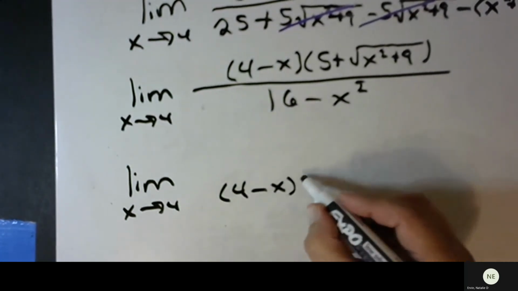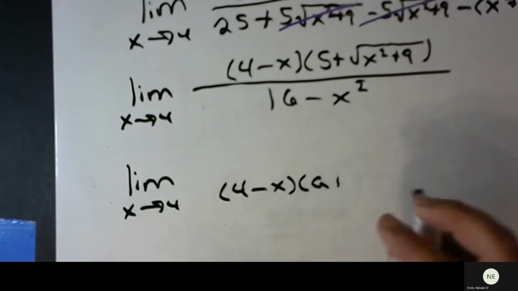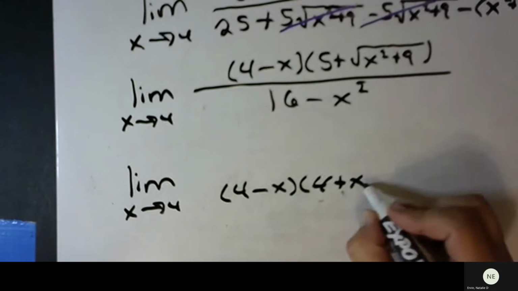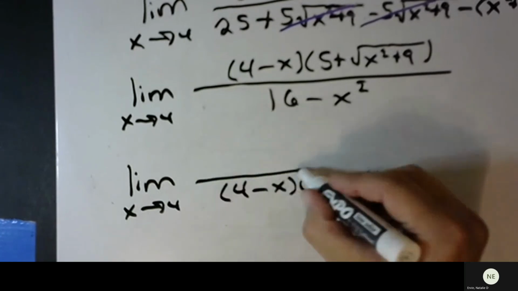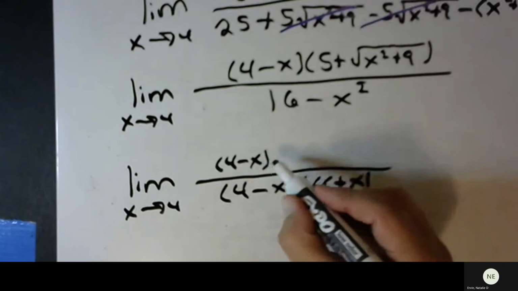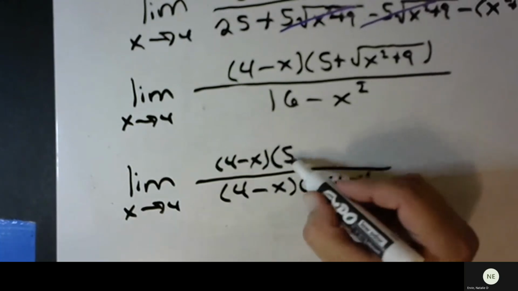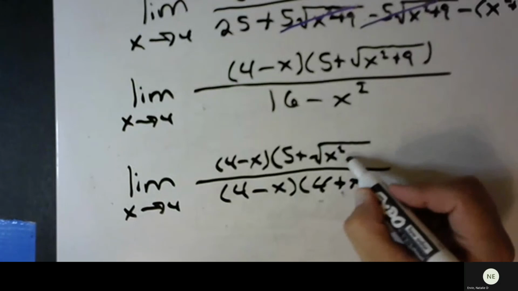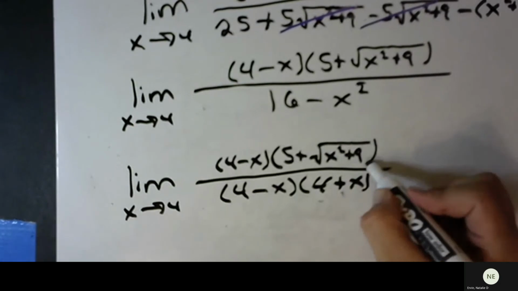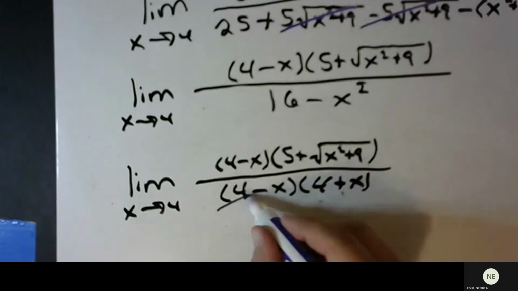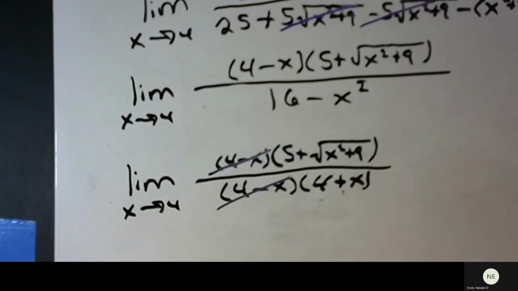A minus b, a plus b. And sure enough, the problematic part, it's going to cancel.